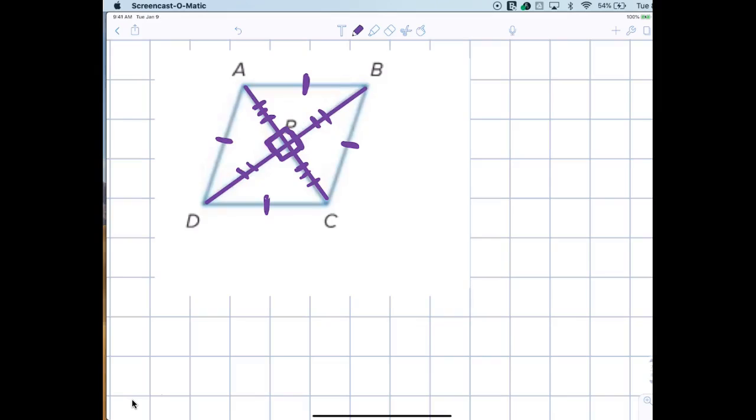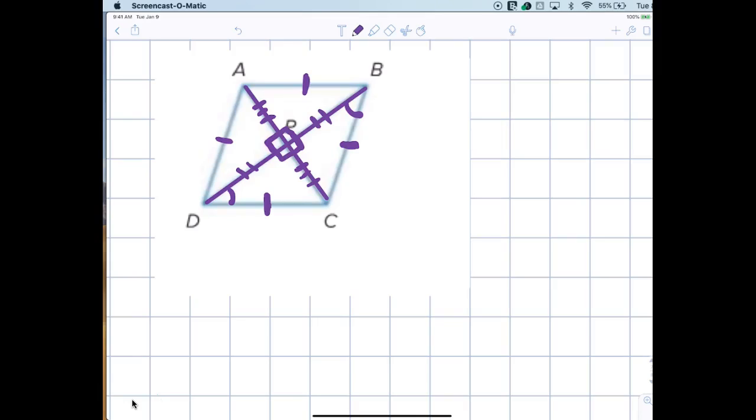And they're perpendicular because we know that if this is congruent to this, then this angle right here and this angle right here are congruent. So now the bigger triangles are called what type of triangles again? Isosceles. And if they are isosceles, those two angles are congruent.